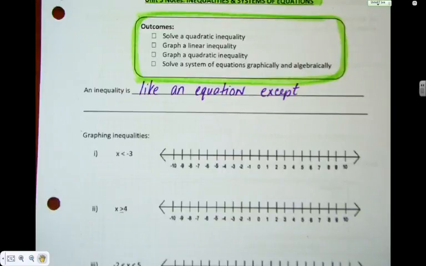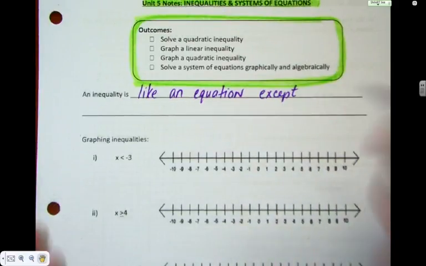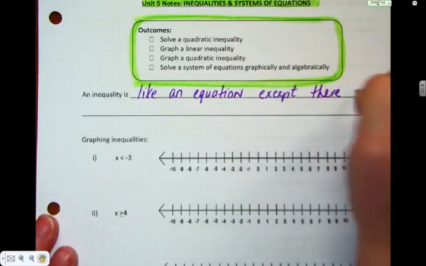Oh, is that the one where it's like no solution? You're thinking systems, which is the second part of this unit, yes, but it's more about it doesn't have an equal sign, it has a less than, or a greater than, or a less than or equal to, or greater than or equal to. Like an equation, except there is no equal sign.